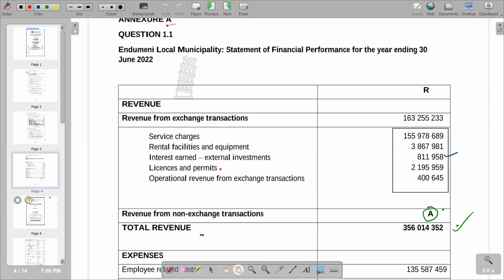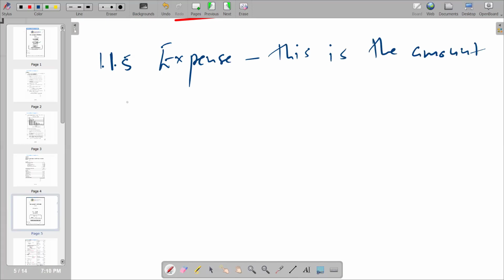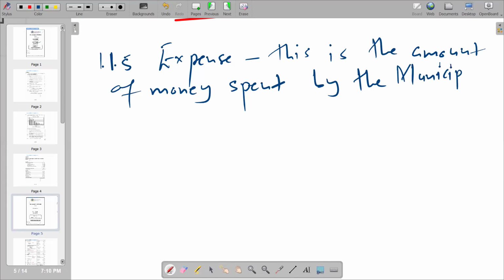So we can write on our answer section: 1.1.5, expense. This is the amount of money spent by the municipality.